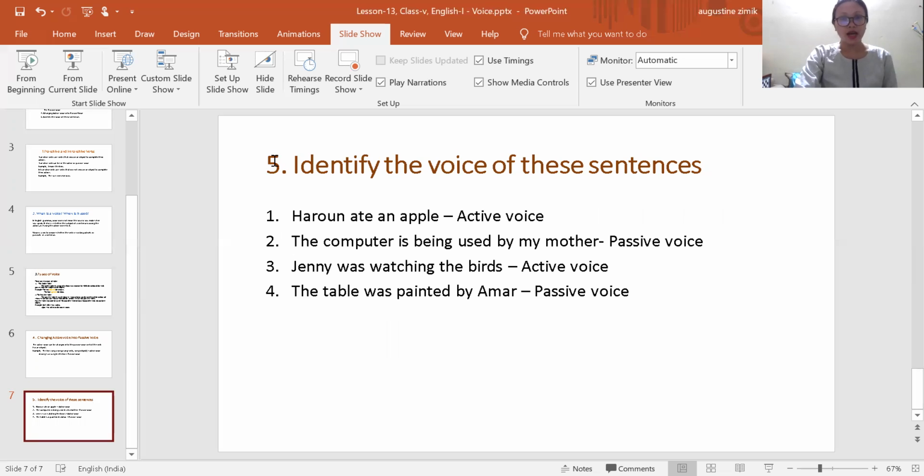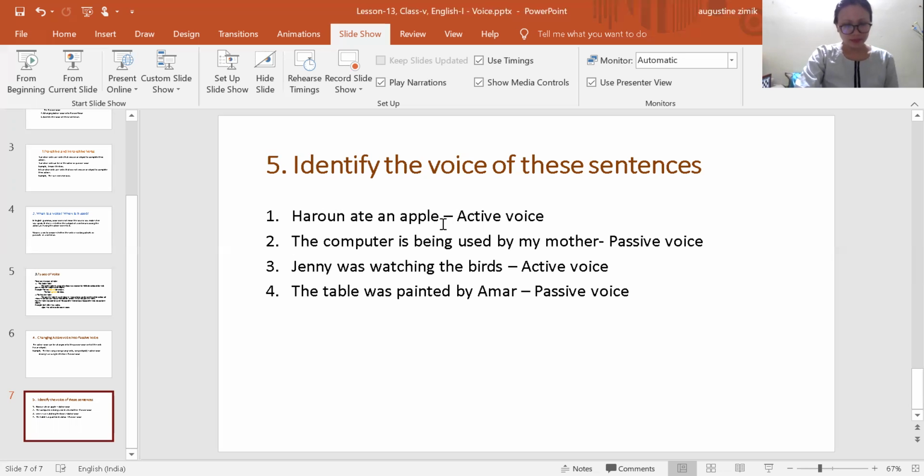Number 5. Identify the voice of these sentences. Here, how are we going to identify the voice from the given sentences? Number 1, Haroon ate an apple. Haroon ate an apple. What type of voice is this? This is an active voice. Why? Because Haroon, the subject, performs the action.